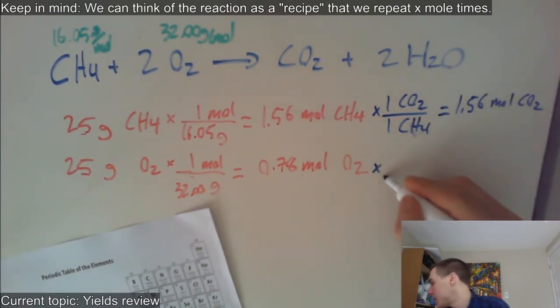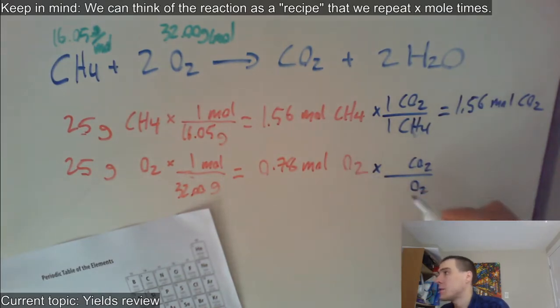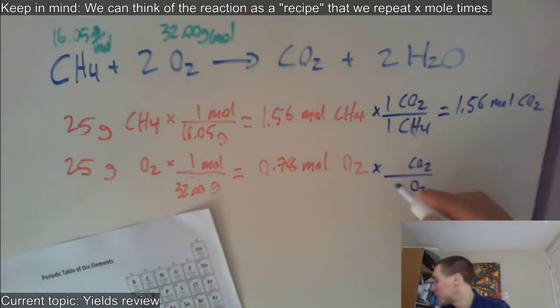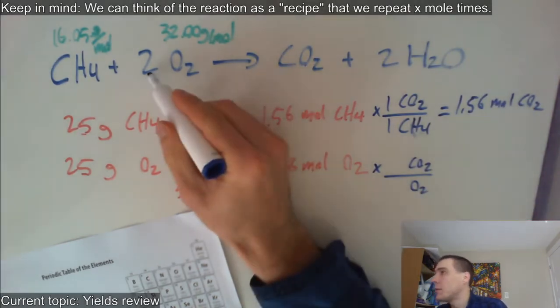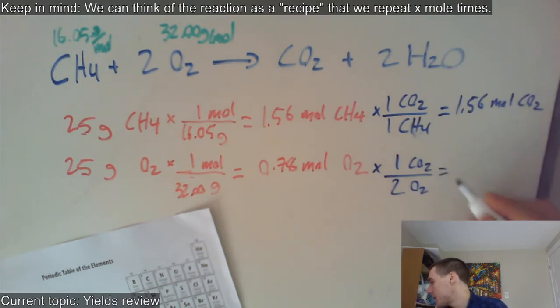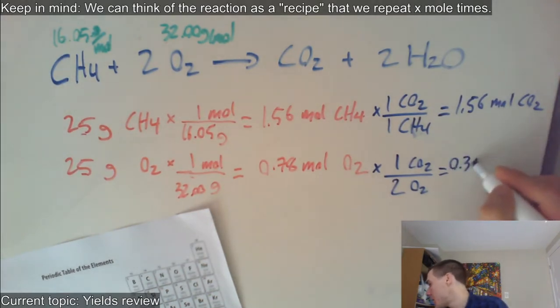Now the oxygen, I want my oxygen on the bottom and my CO2 on the top, because the oxygen is going to cancel out the oxygen. We want to cancel those because the fractions work that way. And I have a 2 in front of my O2, so it's 2 O2 and 1 CO2, so I'm actually going to cut that in half. So 0.78 divided by 2 is 0.39 moles of CO2.